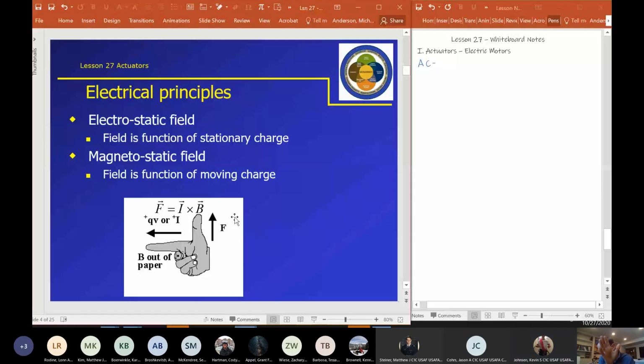If you put your fingers in the direction of the current and then rotate them with your right hand in the direction of the magnetic field, your thumb will point in the direction of the force being generated. So the force is I cross B. We'll see that in action in a couple different ways.